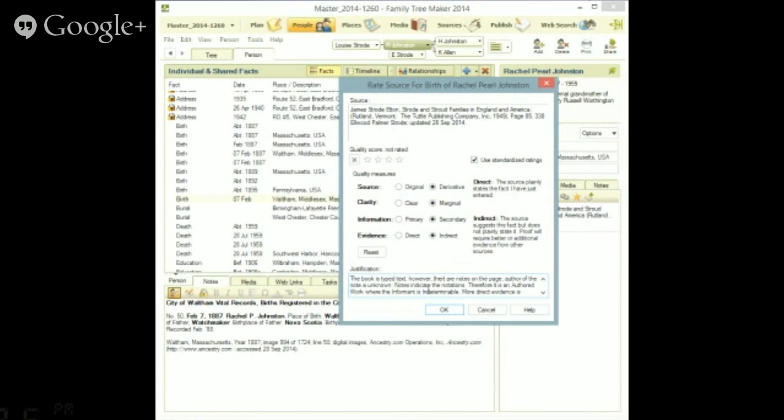Notes indicate the notations, referring to the notes on my grandfather's page. Therefore, it is an authored work where the informant is indeterminable. More direct evidence is required for each fact linked to that source.